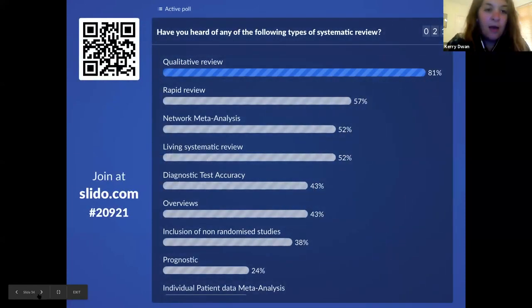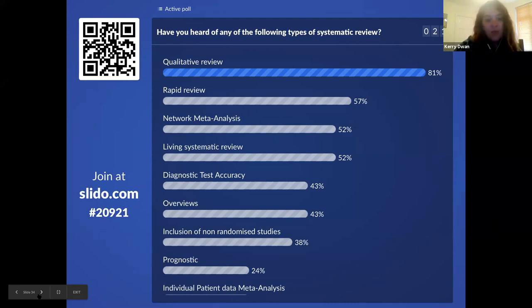So I'll just run through briefly what some of these are. I'm going to really be focused on network meta-analysis. So a qualitative review involves including qualitative data, so perhaps free text from a survey, for example, or this could be included in a mixed methods review where quantitative and qualitative data are included as well.